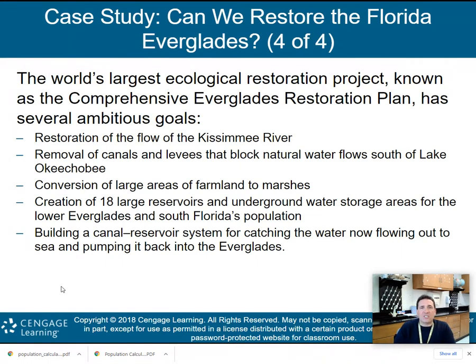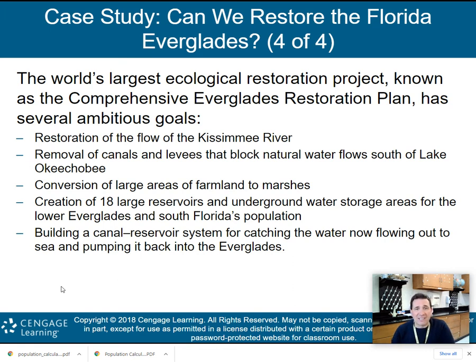The world's largest ecological restoration project, known as the Comprehensive Everglades Restoration Plan, has several ambitious goals. So this is what they're trying to do to help restore the Everglade wetlands. The restoration of the flow of water from the Kissimmee River would help as well.